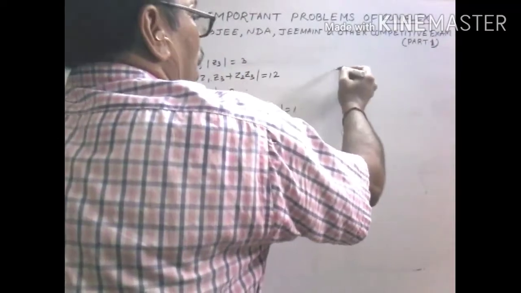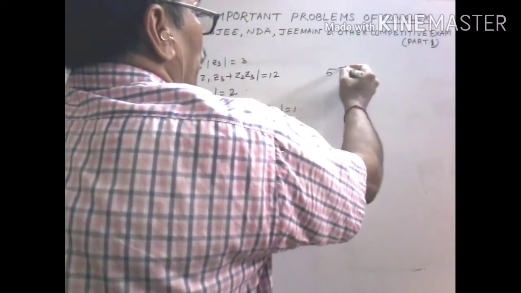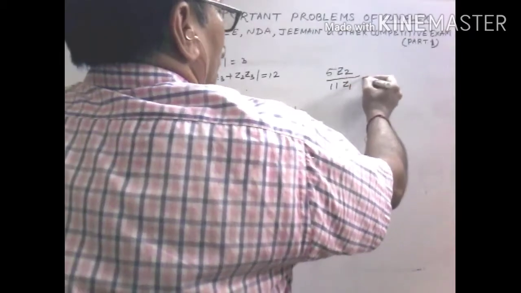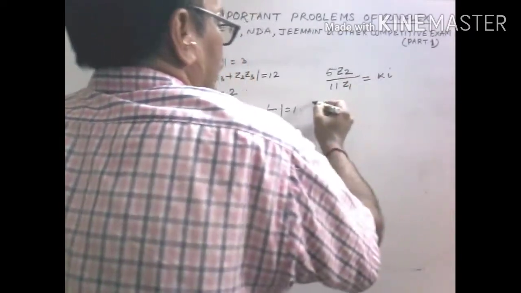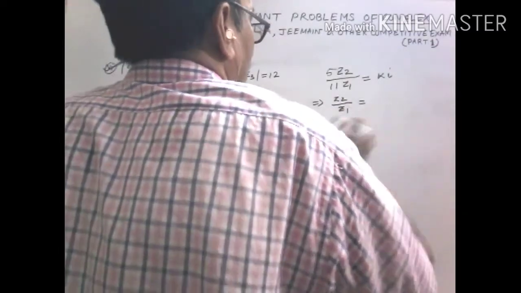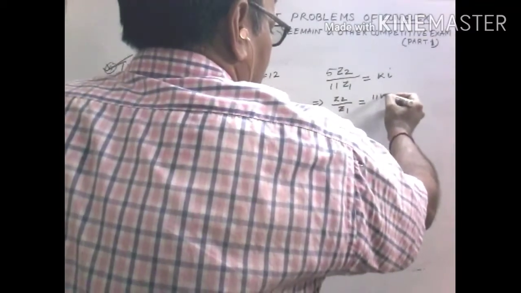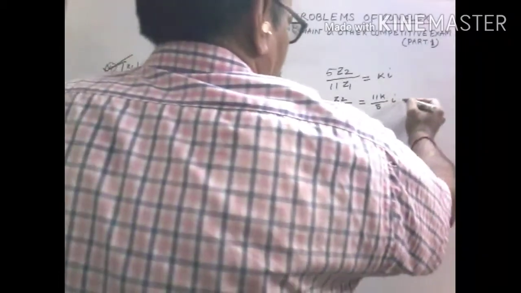Write 5Z2 by 11Z1 equals purely imaginary. Suppose it is Ki. So Z2 by Z1 equals 11K by 5 into i.